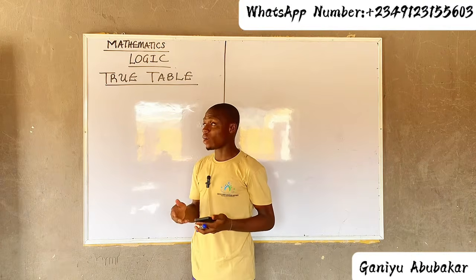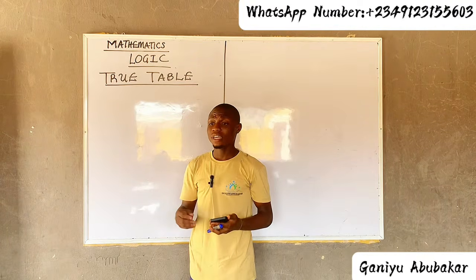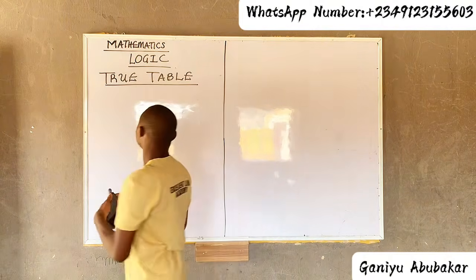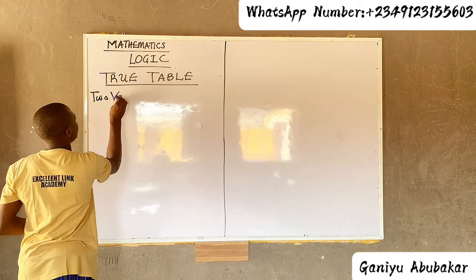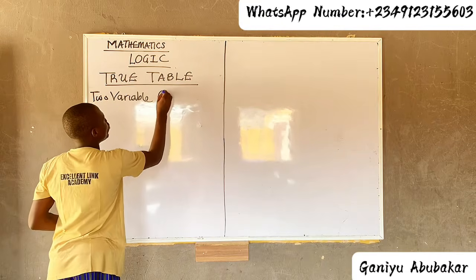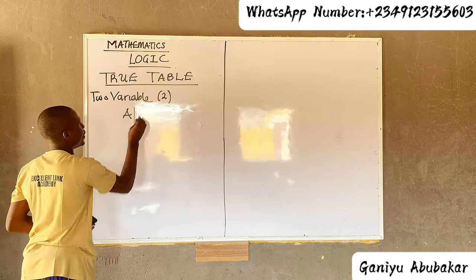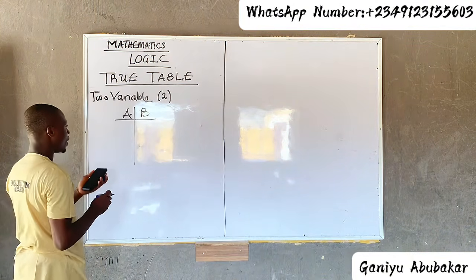Perhaps let me go with the table for two variables. By two variables I mean A, B. By three variables I mean A, B, C. So let's assign true and false for two variables. So for the truth table, let's start with two variables. If I say two variables, what do I mean there? Let's take the first variable as A and the second variable as B, right?